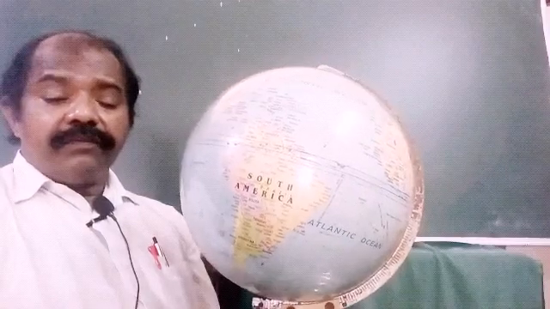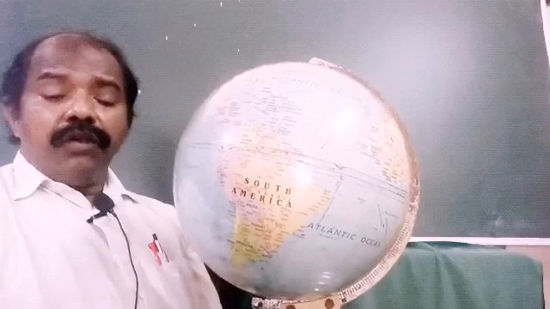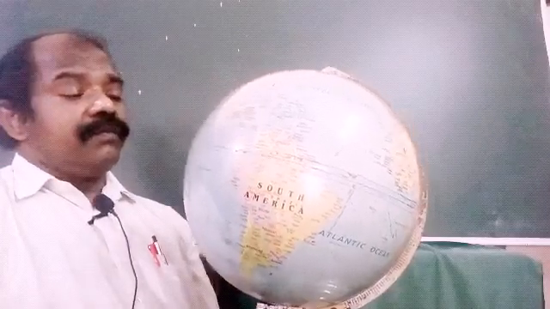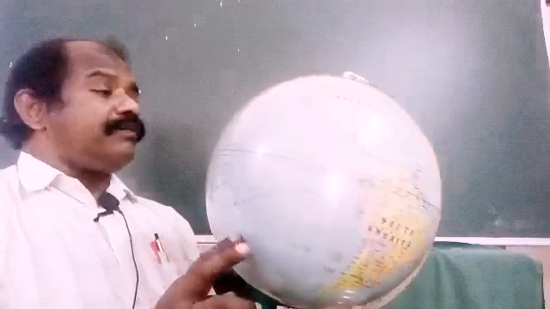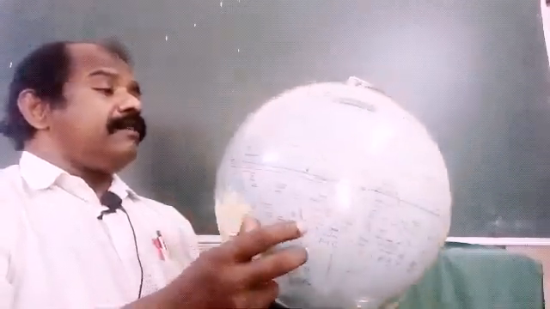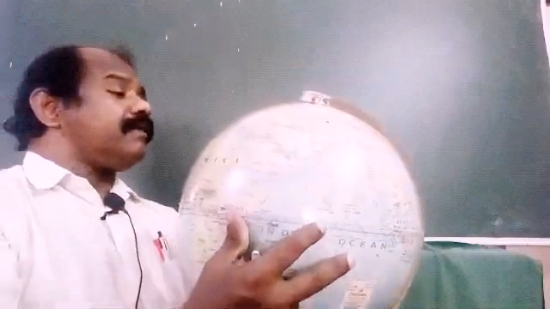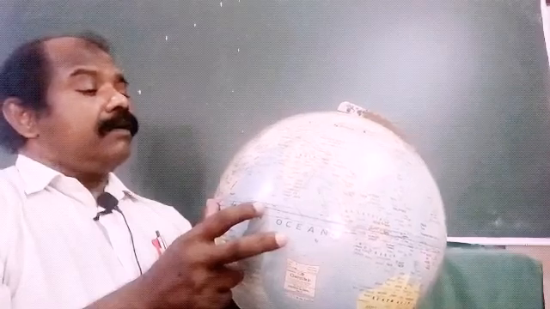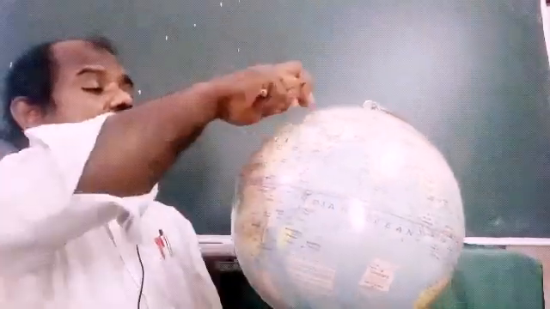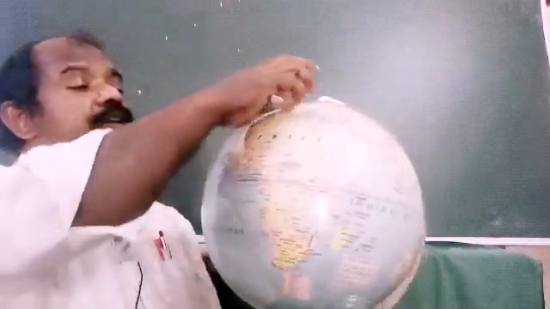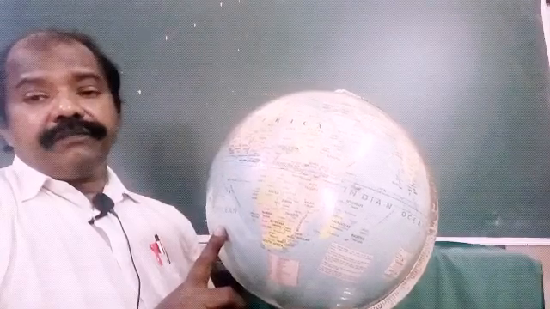Next concept, longitudes. Here we have northern latitude and southern latitude. Like that, longitudes also can be divided. Here is a latitude. Here is a longitude called the Greenwich longitude.